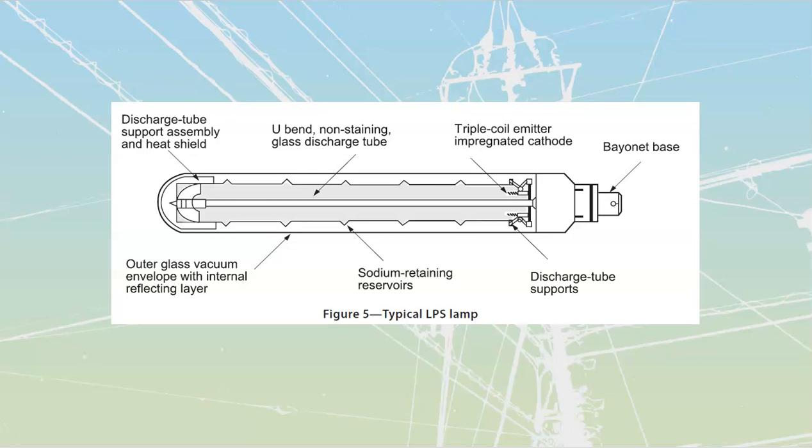What we see is a complete tube inside. It goes across from end to end. Inside either end of the tube, we have a cathode. We also have supports inside of here. We have a couple of little sodium retaining reservoirs, because we're going to be using the salts inside of these. Then there's an outer glass envelope that goes around the whole thing.